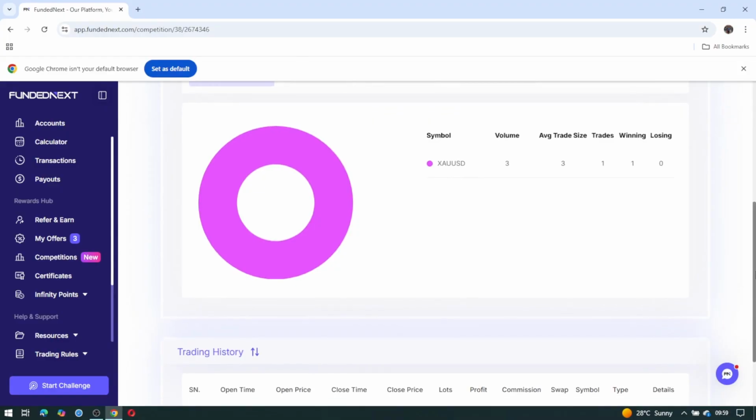So you can see here where we have symbol, volume, aggregate trade size, trades, number of trades taken, winning and losing. So you can see it: trades taken just one, winning one, meaning the one that was taken was won, losing zero, no trade was lost.